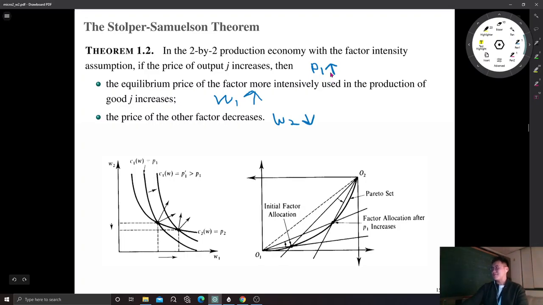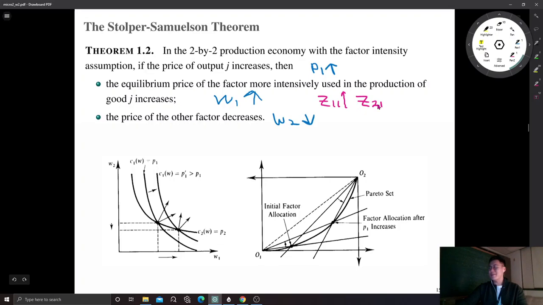And of course, firm 1 has more incentive to expand its business by producing more. So in order to produce more, firm 1 has to employ more inputs. So we can anticipate Z sub 1,1 and Z sub 2,1, firm 1's demand for each factor, both increase, right?